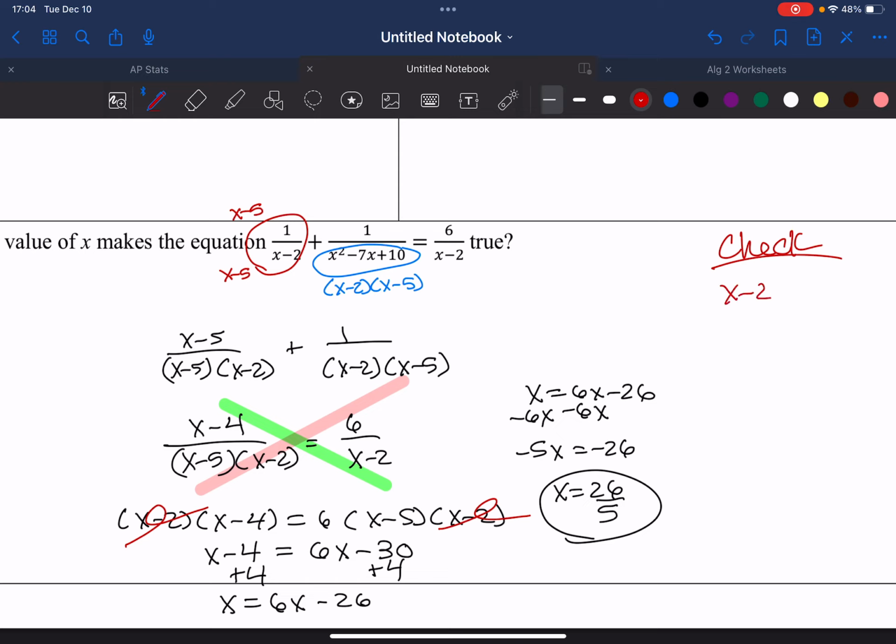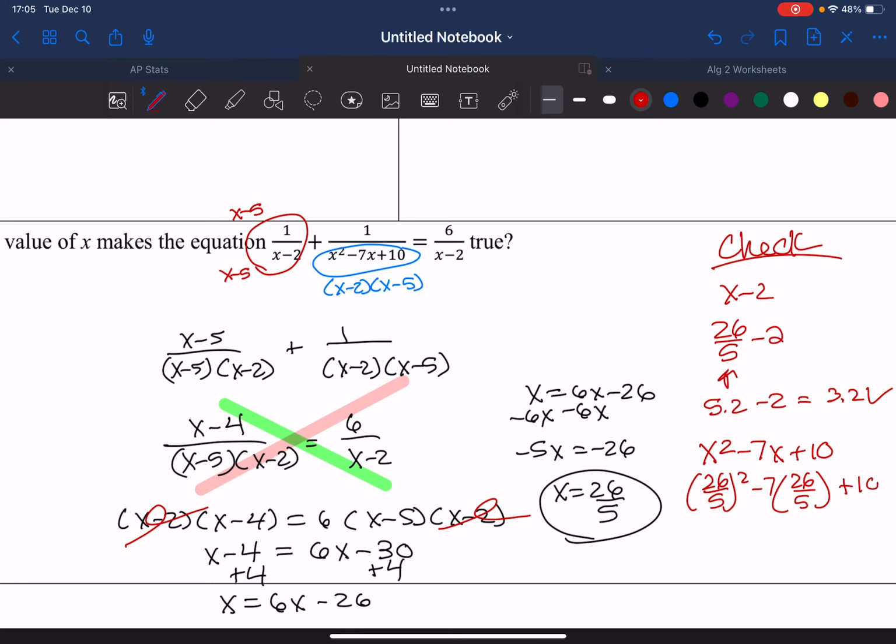So x minus 2, so 26 over 5 minus 2. This is approximately 5.2 minus 2, which gives me 3.2, so that one's good. And then I have to check x squared minus 7x plus 10. So I have 26 over 5 squared minus 7 times 26 over 5 plus 10.